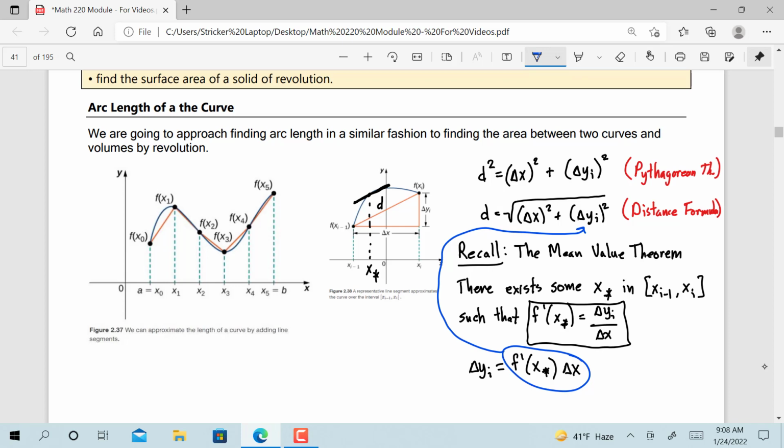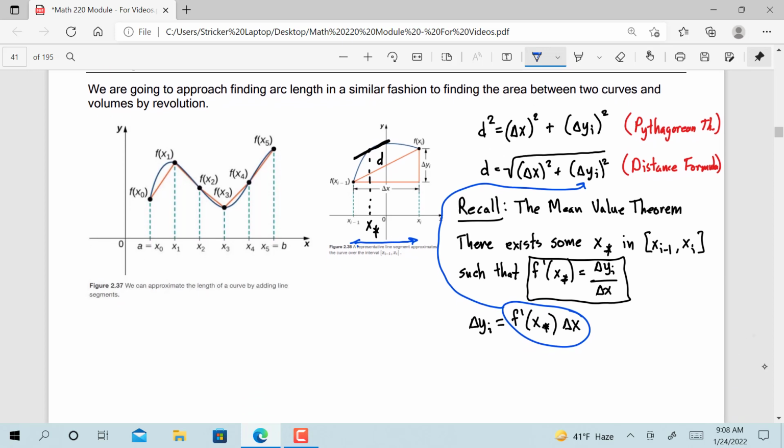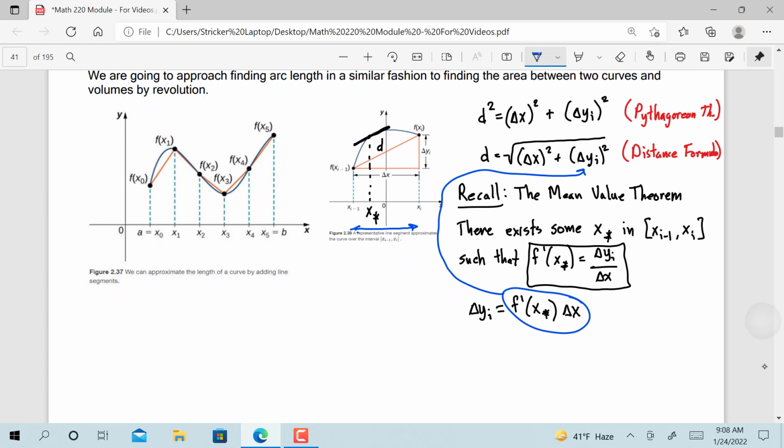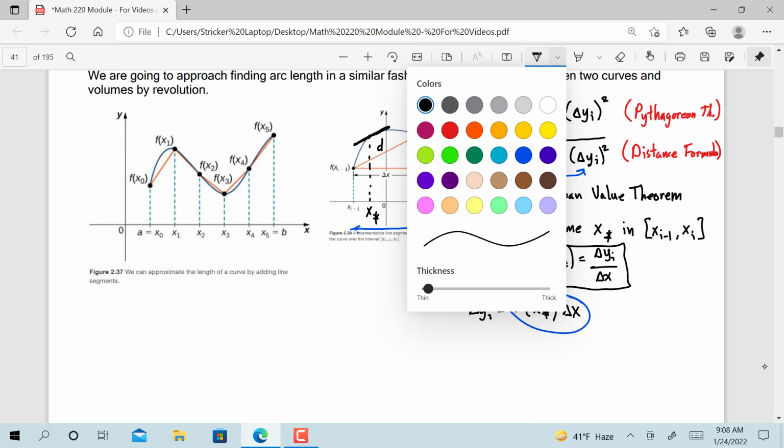However, if we make our subinterval from xi minus 1 to xi really, really small, they're basically about the same, exactly the same. If we make it an infinitesimally small interval, which is the idea of calculus, we can find the exact length. And so that's what we're going to do in order to find arc length.